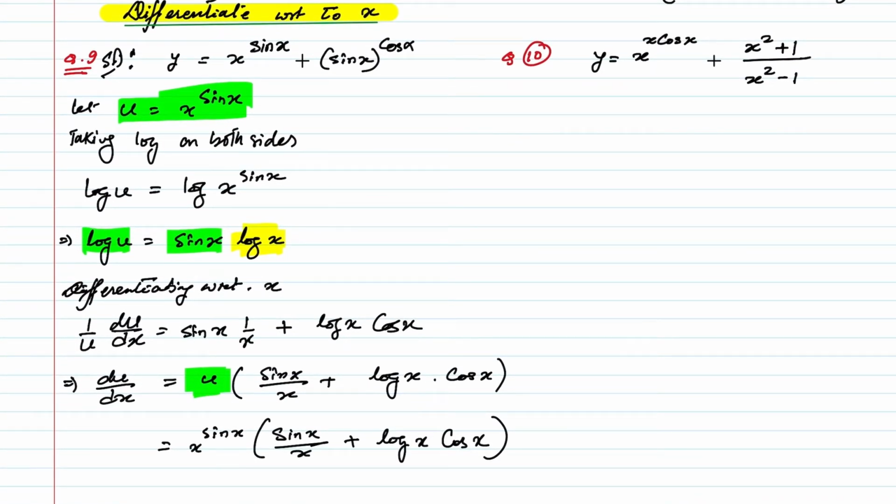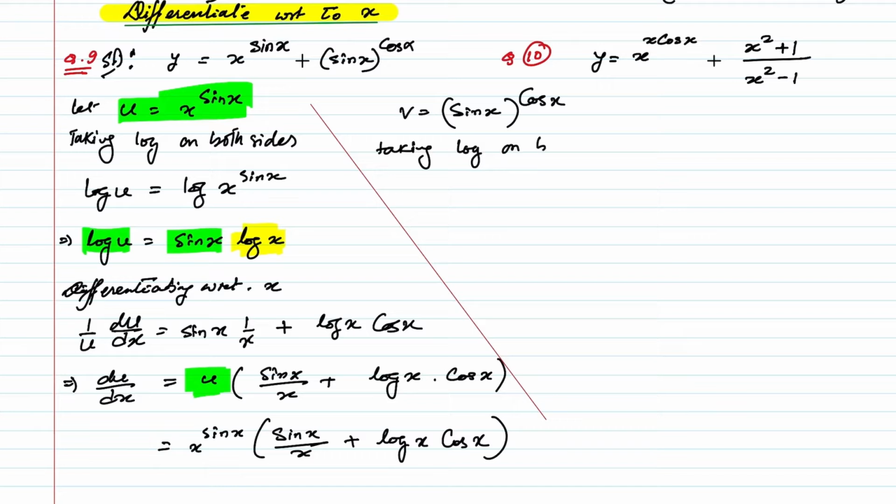similarly again, let us consider v is equal to sin x whole to the power cos x. So again taking log, we will get log v is equal to log of sin x whole to the power cos x.